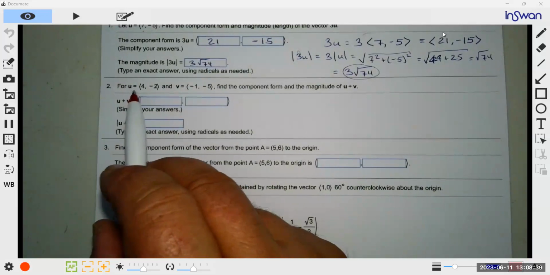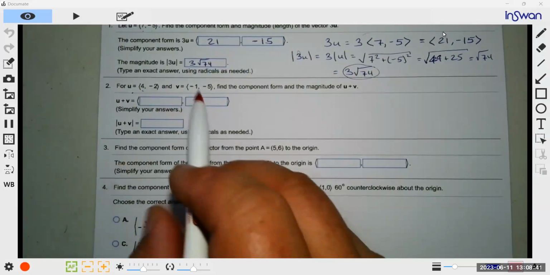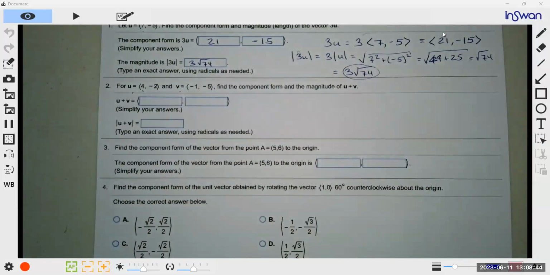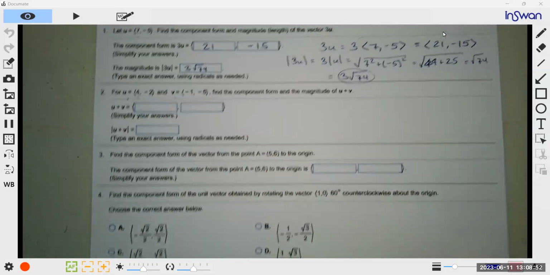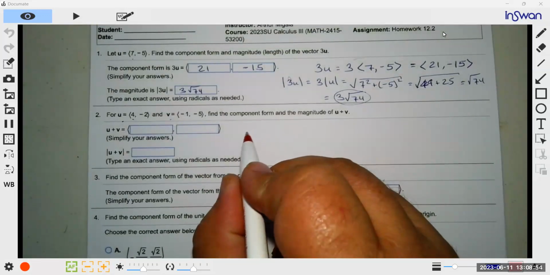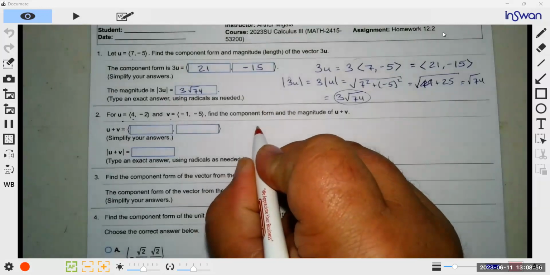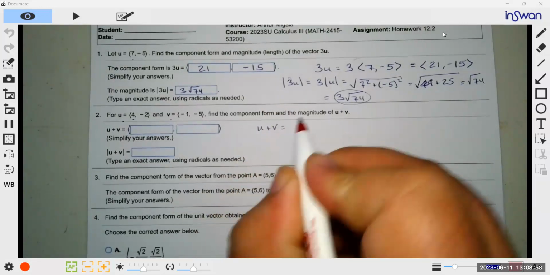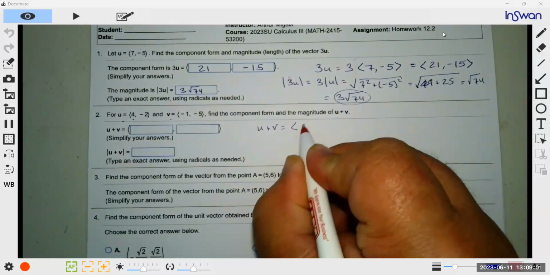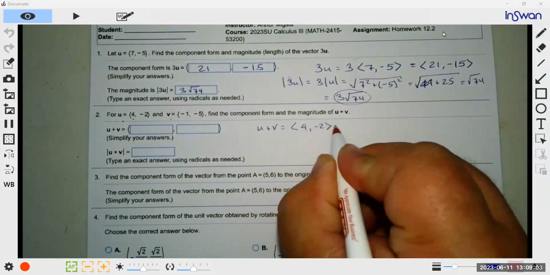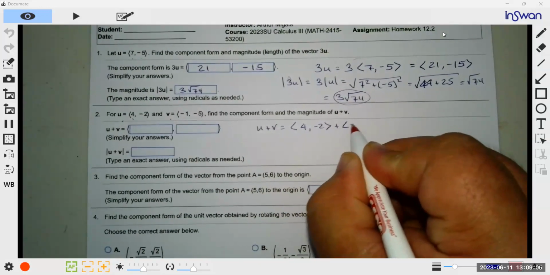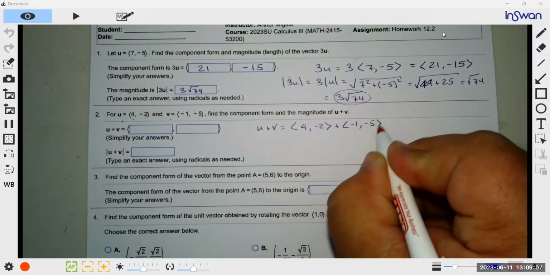Let the vector u equal the components 4, -2, and vector v equal -1, -5. Find the component form and the magnitude of u plus v. The component form of u plus v is 4, -2 plus -1, -5.